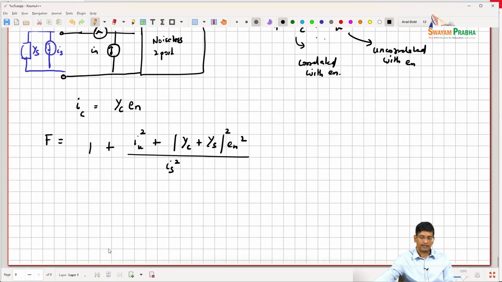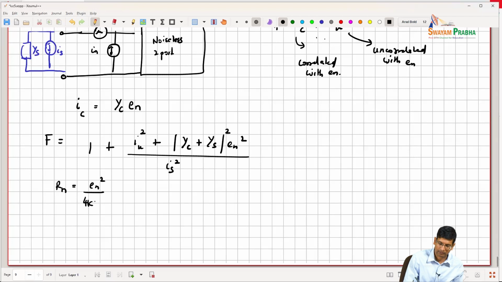And now I can create some equivalent resistances and admittances. So I define Rn as En squared divided by 4 kT delta F, Gu as the uncorrelated In squared divided by 4 kT delta F, and Gs as the source noise equivalent conductance, right?